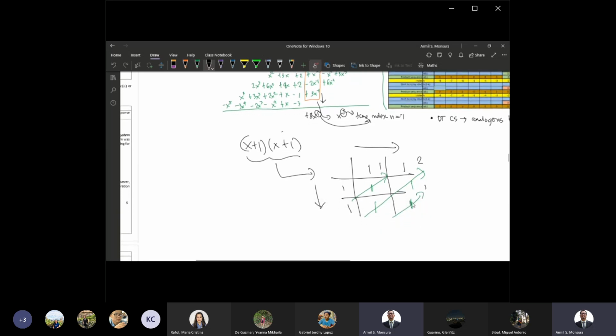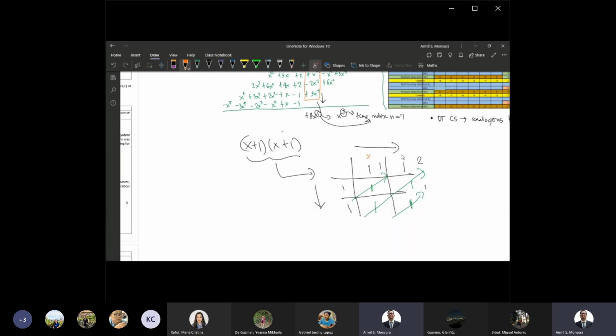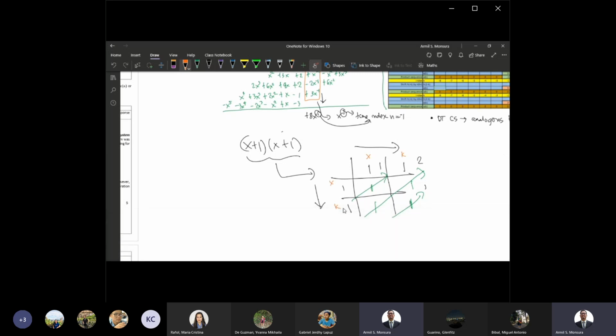Okay. You'll see na if you actually put in yung x at saka yung constant dito, and yung x at saka yung constant dito, you'll observe na yung magiging product dito is x squared. Tapos ang coefficient niya ito. So that would mean that yung first term ng product nito is x squared. Okay?